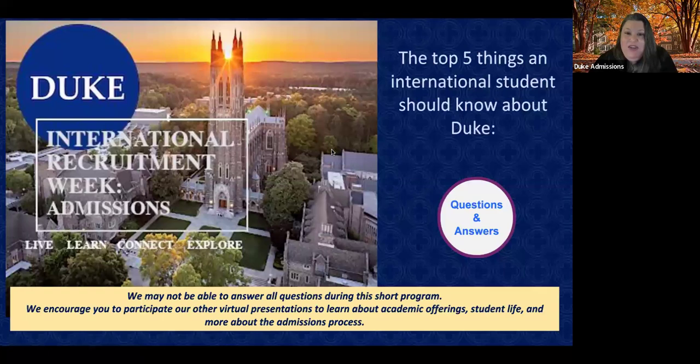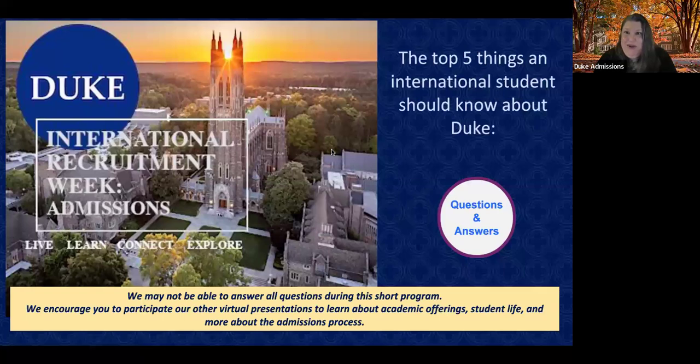So there is a question about what specific documents are required for international applicants. One of the things that we really want to convey to students is that the application process for international students is really not very different from the application process for domestic students. The parts of the application that you submit will be the same. They may look a little different, but even within domestic applicants, that is true.